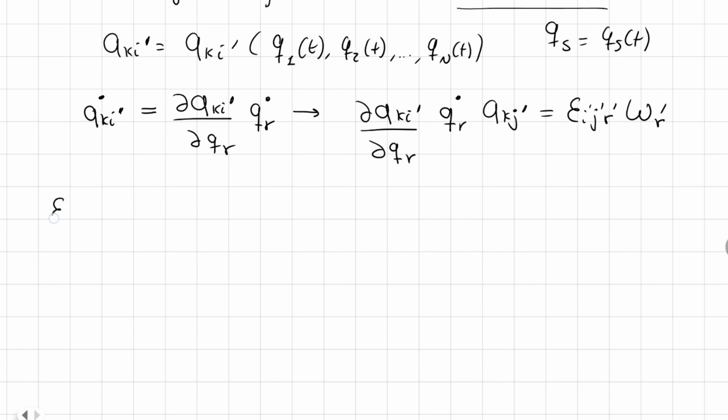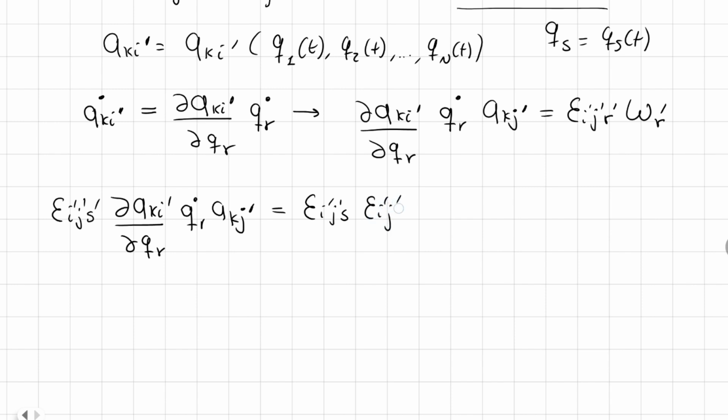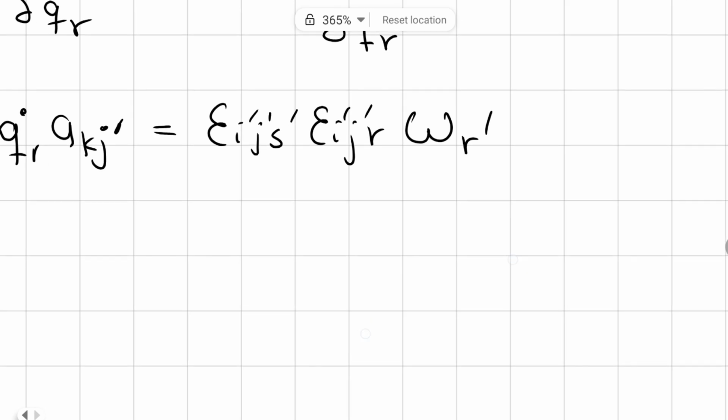So we are going to get epsilon_ijs, the partial of a_ki with respect to q_r, q_r dot, a_kj prime equals the Levi-Civita symbol epsilon_ijs, the Levi-Civita symbol epsilon_ijr, omega_r, like this. And here is going to happen something very interesting.